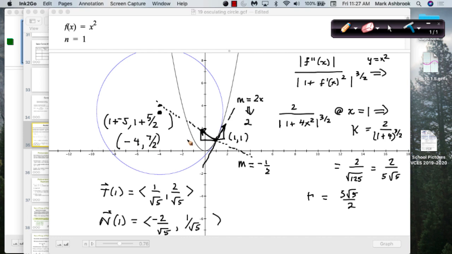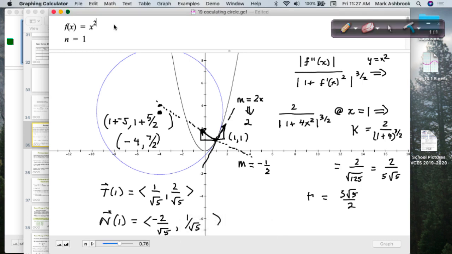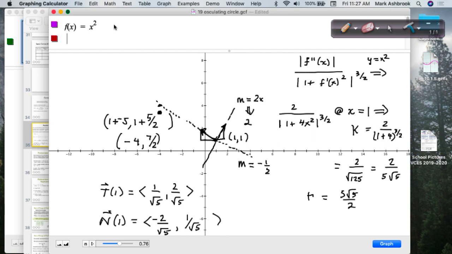Okay, so I'm currently sketching the oscillating circle according to my function, but let's just graph the circle we came up with statically, and what should happen? Same. So, what's the equation of our circle? X plus 4 quantity squared, center -4, right?